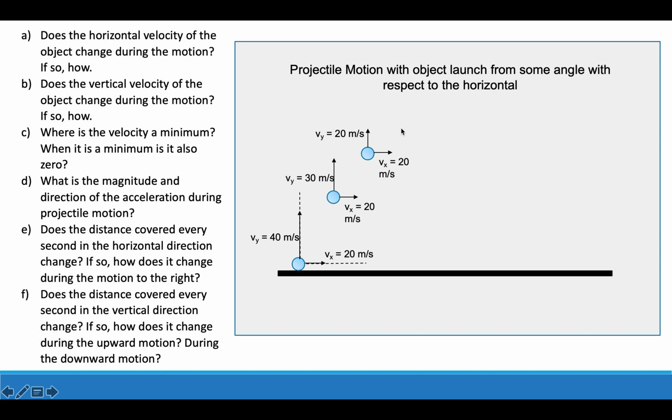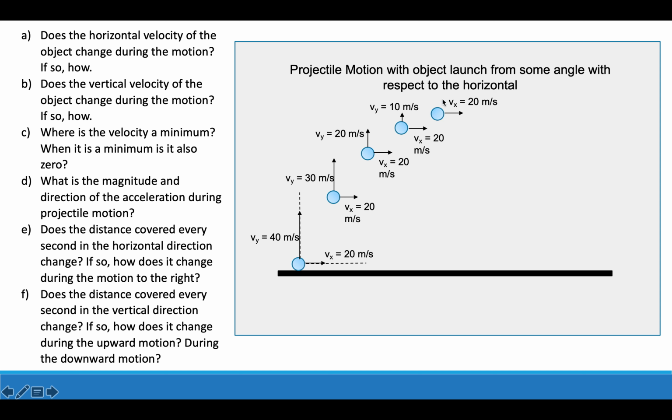After another second goes by, the vertical velocity has decreased by another 10, and the horizontal velocity stays the same. Again, the vertical velocity decreases by another 10. The horizontal velocity stays the same, and then we reach the very top of the trajectory.